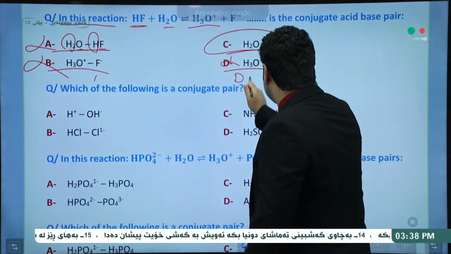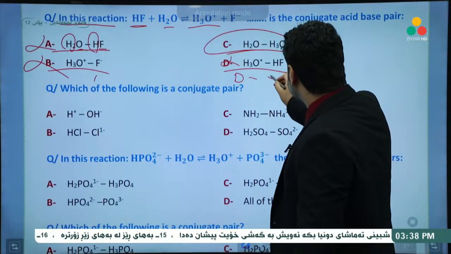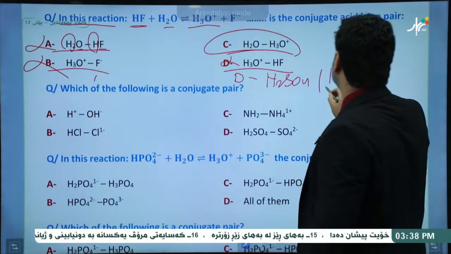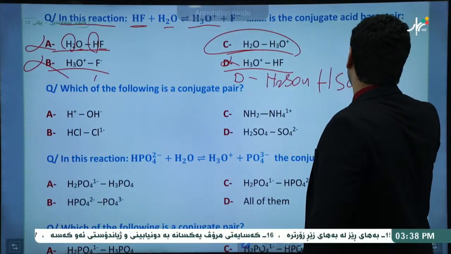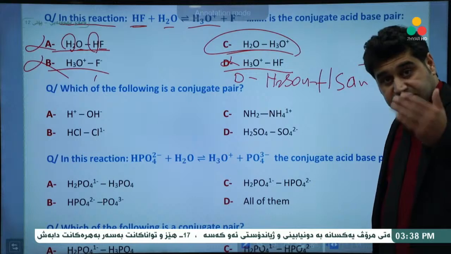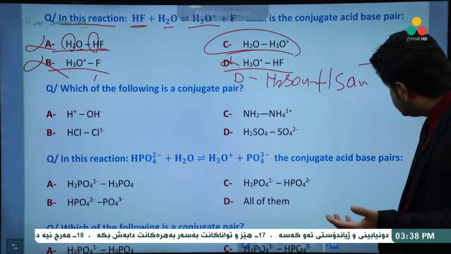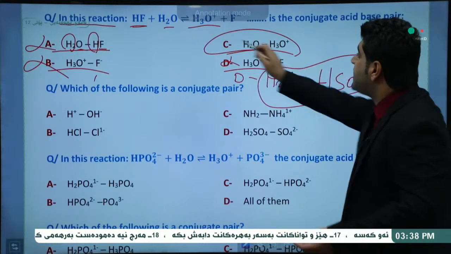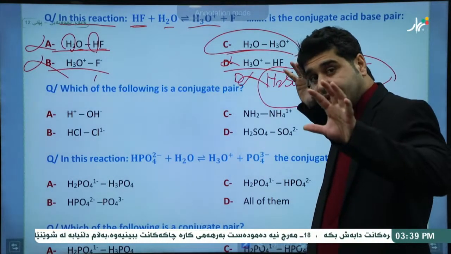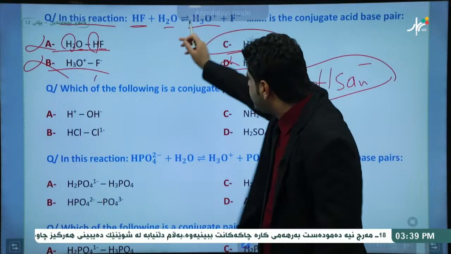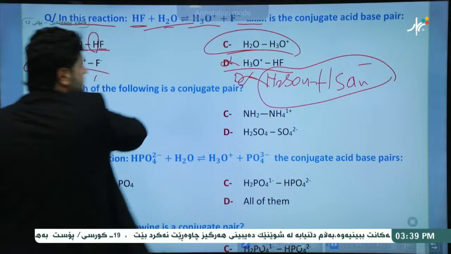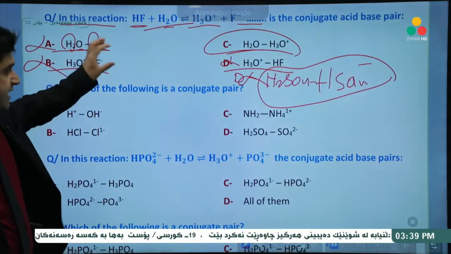Suppose that D says H2SO4 and HSO4 negative 1. Oh, teacher, it's a conjugate acid-base pair also. Yes, it is. But do we have that one in this reaction? No, we don't, so it's not right. It should be a conjugate pair and it must be present in the reaction at the same time, because this is the condition of this question, which is the reaction.